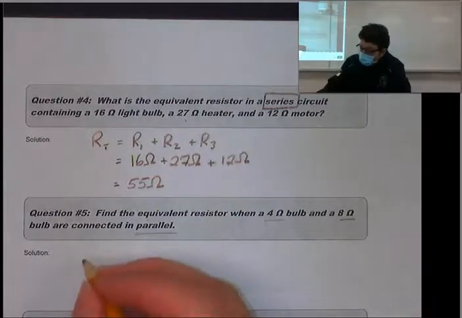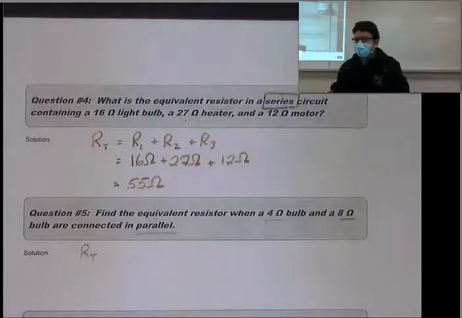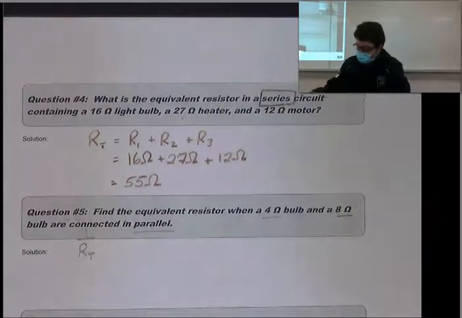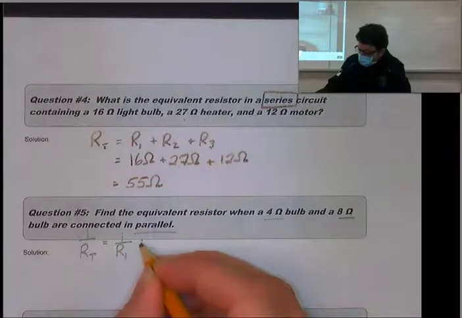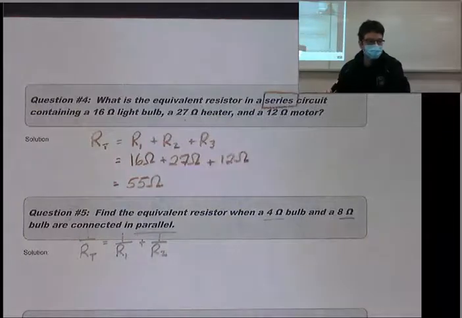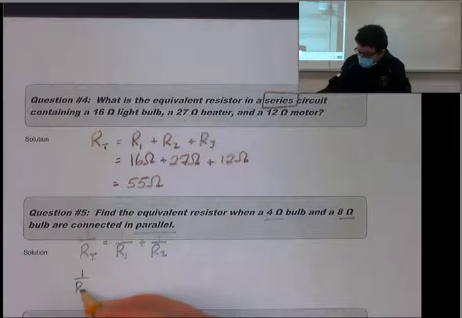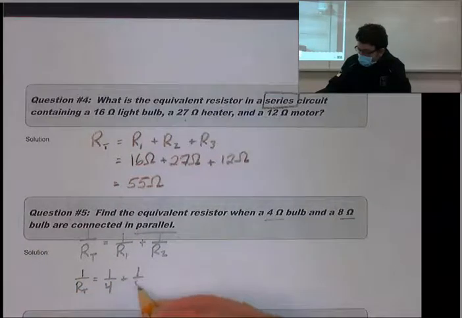So in this case, our total resistance would have to be 1 over RT equals 1 over that first resistance plus 1 over that second resistance. So we have 1 over RT equals 1 over 4 plus 1 over 8 ohms.